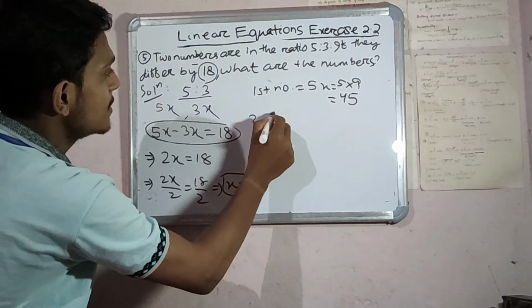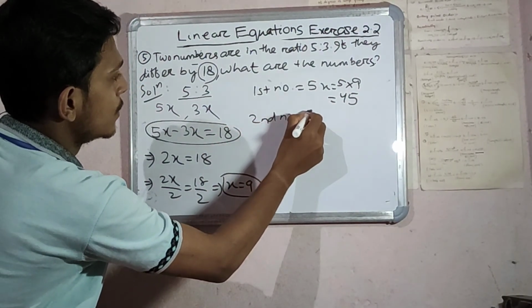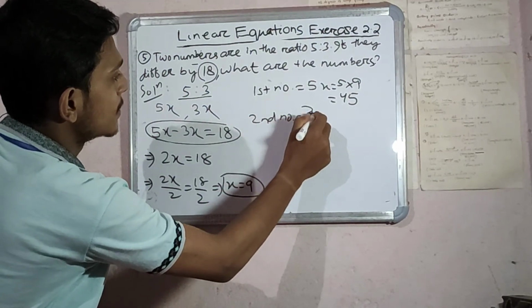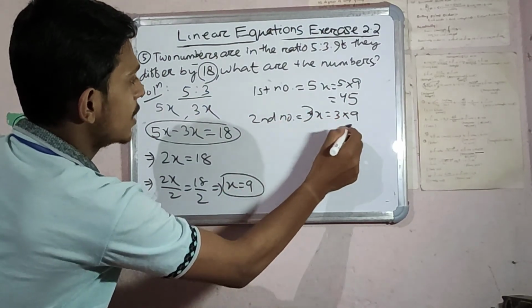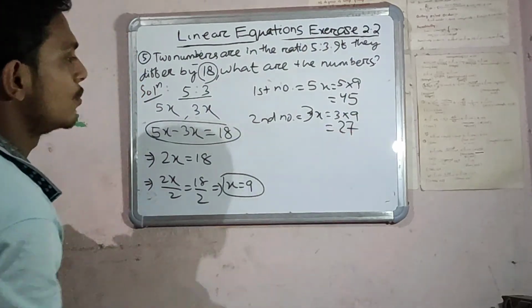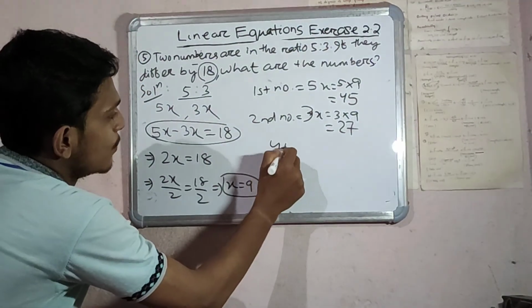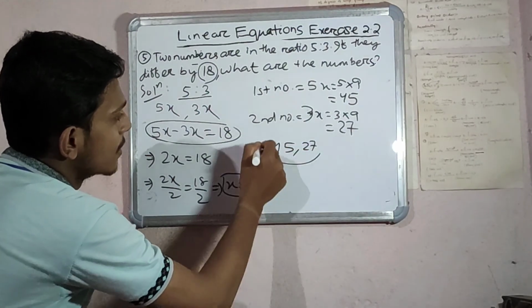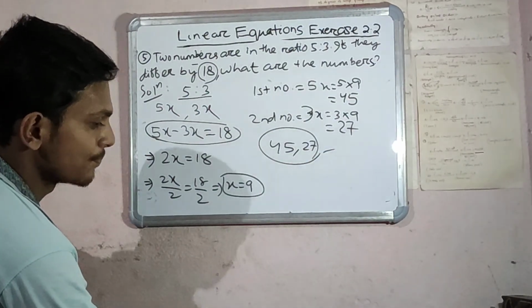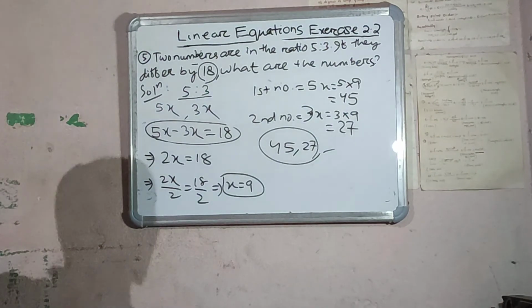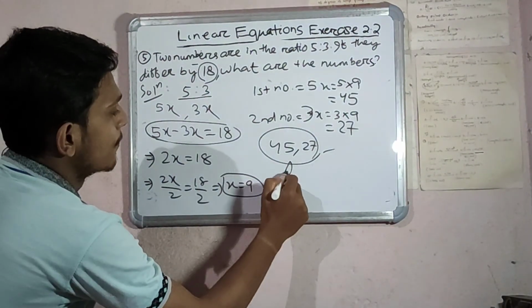And the second number is 3x, 3 multiplied by 9 to give 27. So the two numbers are 45 and 27. Answer.